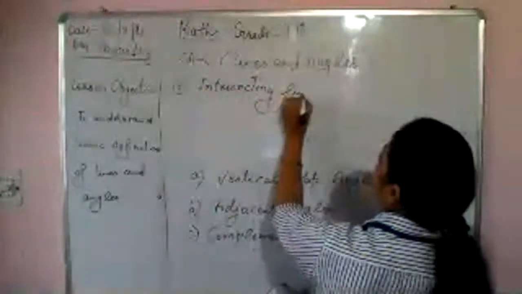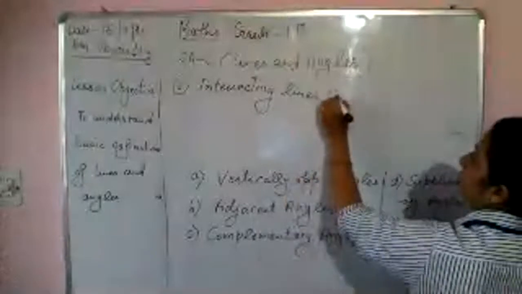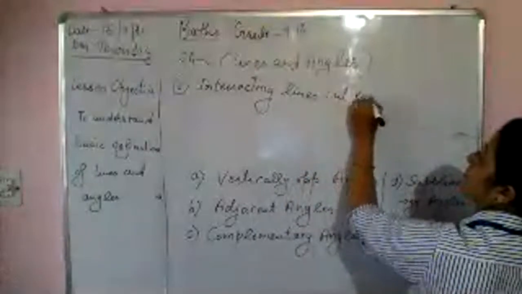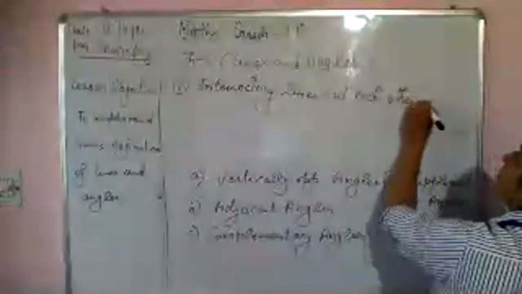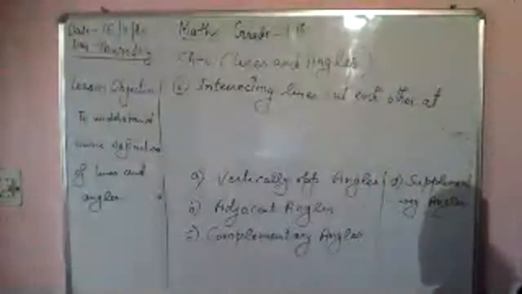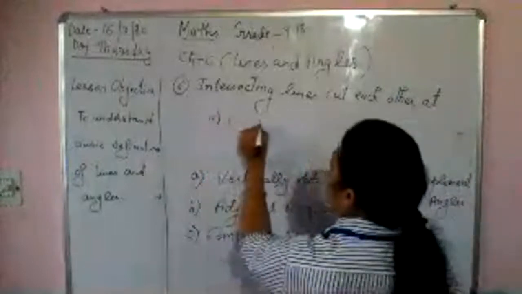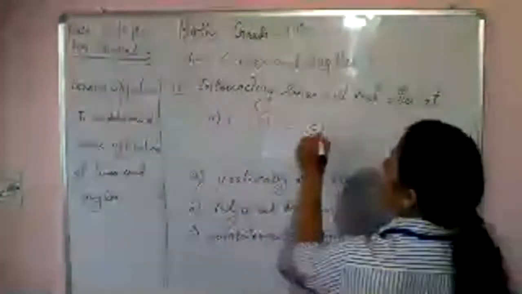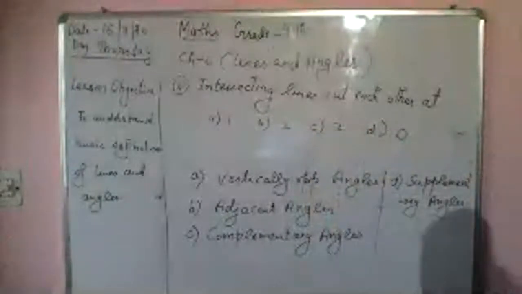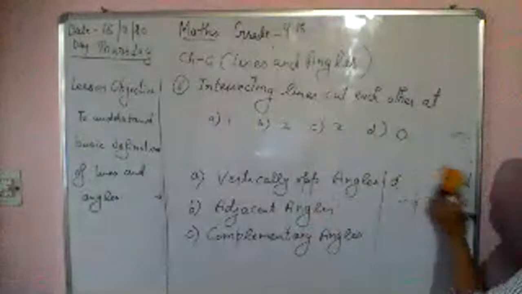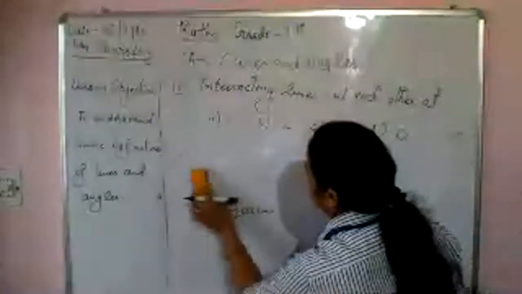Intersecting lines cut each other at 1 point, 2 point, 3 point, or 0 point, or null. This is your sixth question.